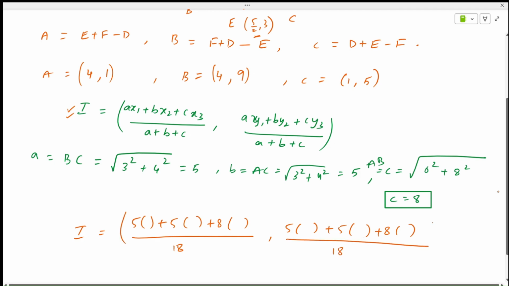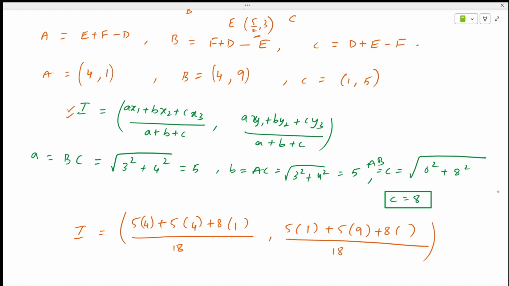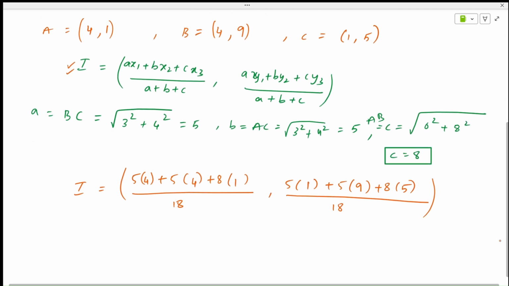What are the values of x1, y1? x1 is 4, x2 is also 4, x3 is 5, y1 is 1, y2 is 9, and y3 is 5. Let us solve this. So we'll get 20, 20, 40, 48 by 18. So what is 48 by 18? 8 by 3, comma. This is 5 and this is 45, 50. 50 plus 40 is 90, 90 by 18 is 5.